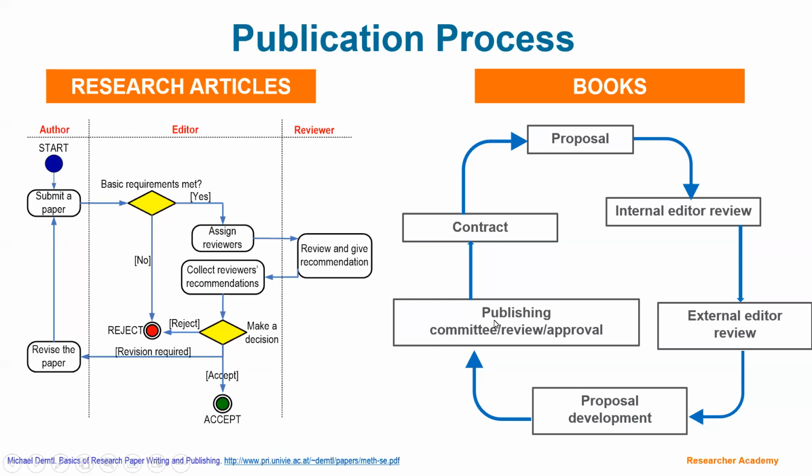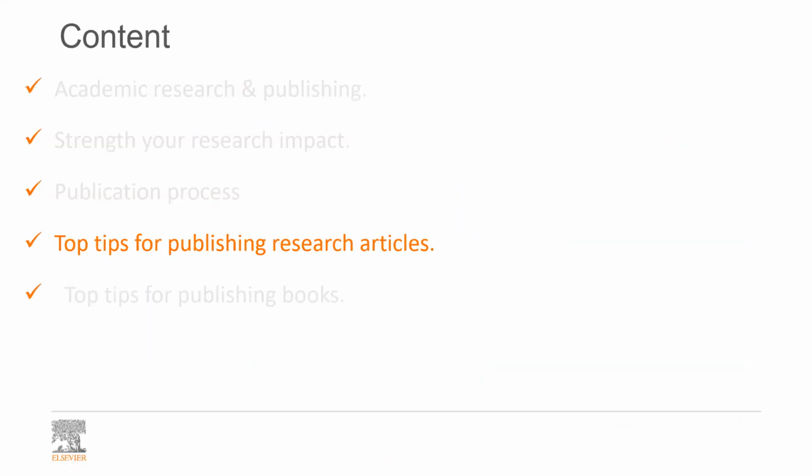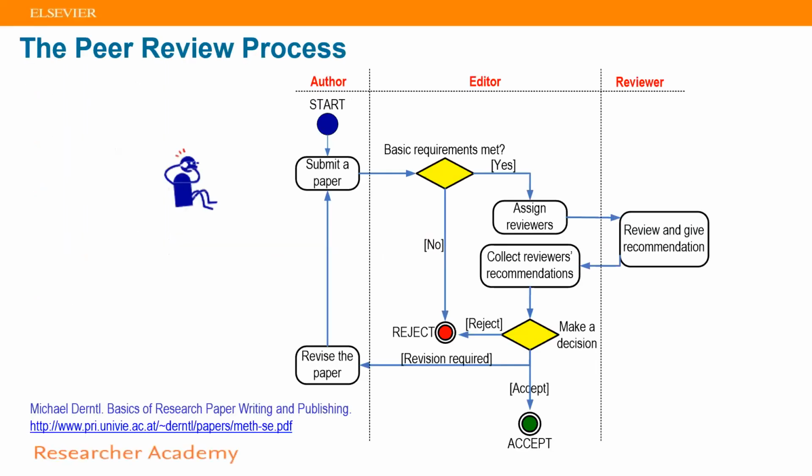So you can see that we have a different scenario here, a different procedure for publishing a book rather than publishing a research article. So what are the top tips for publishing research articles? I will go back again to that diagram.